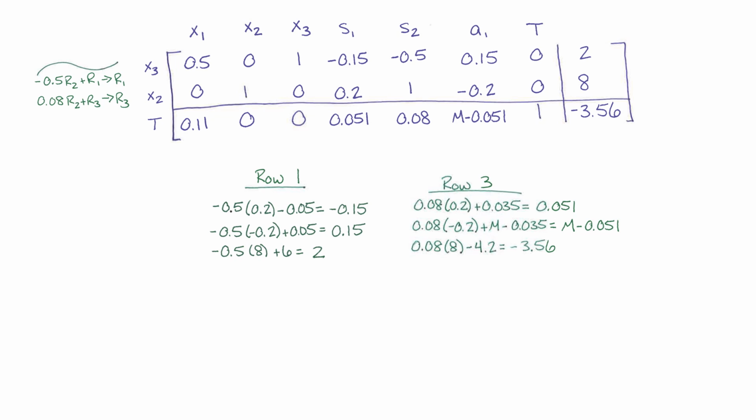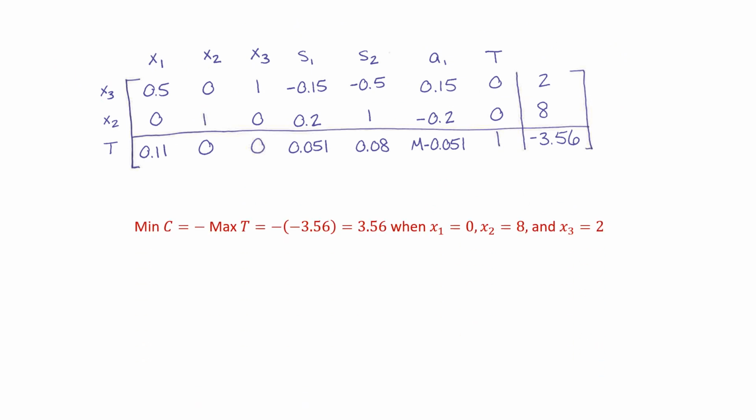Now notice that the artificial variable is 0, so that means that this is going to be a feasible solution here. So I have that x1 is 0, x2 is 8, and x3 is 2. Now, the max t value is negative 3.56.